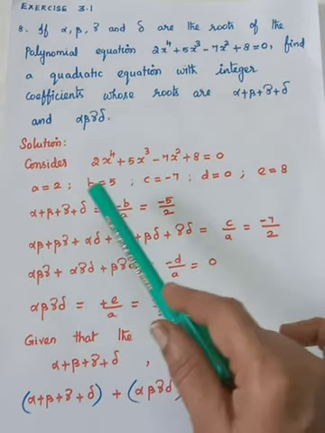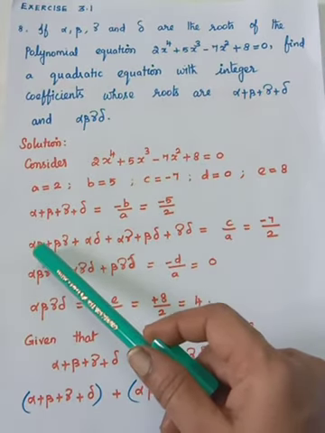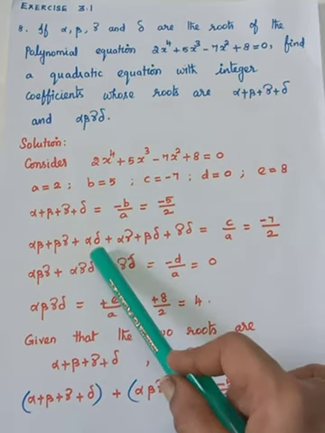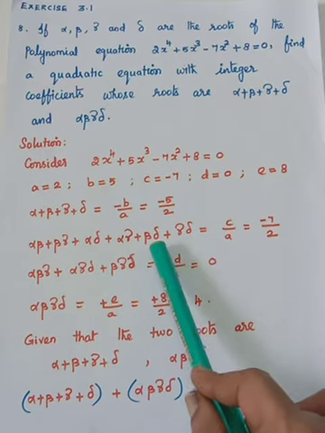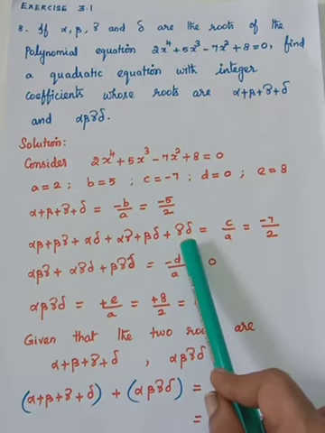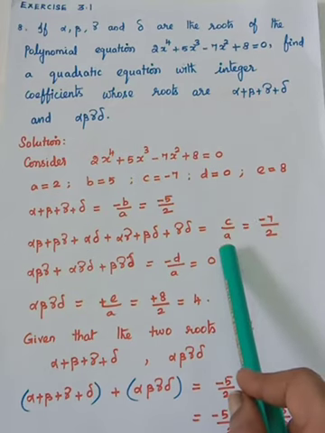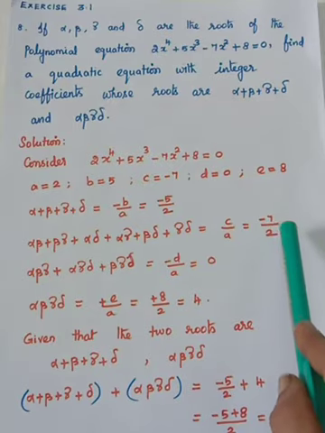Next, you have to consider the roots taken two at a time. So what has to come? Alpha beta, beta gamma, alpha gamma, plus alpha delta, next one beta delta and gamma delta. That is equal to c by a. What is c? c is minus 7. Your a is 2. So minus 7 by 2.